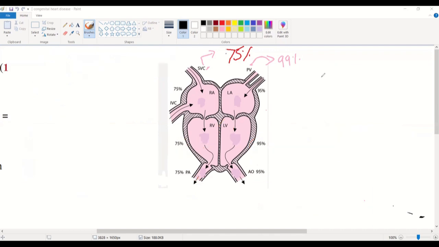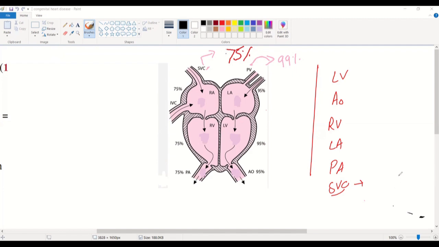So what changes in Eisenmenger syndrome? Left ventricle oxygen saturation, aorta, right ventricle, left atrium, pulmonary artery, and superior vena cava. So what happens in the superior vena cava in Eisenmenger syndrome?